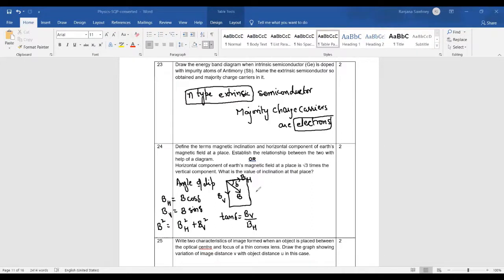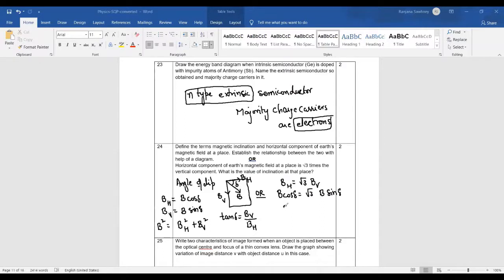There is a choice in this question. The choice part is: the horizontal component of the Earth's magnetic field at a place is √3 times the vertical component. So given in the question, BH is equal to √3 times BV. Now we know that BH is equal to B cos delta, and BV is equal to B sin delta.